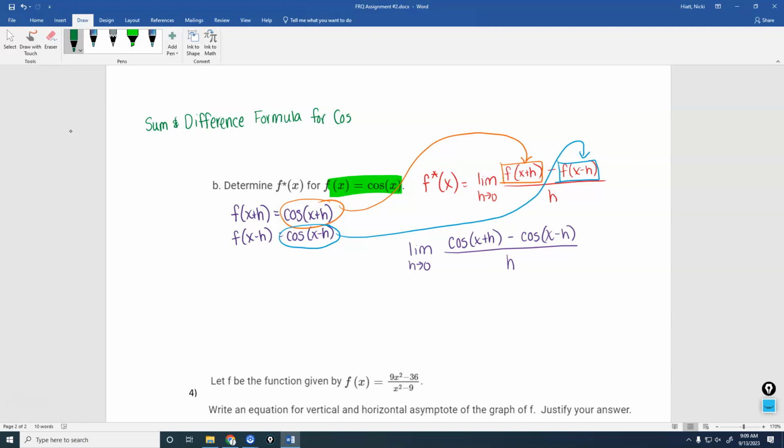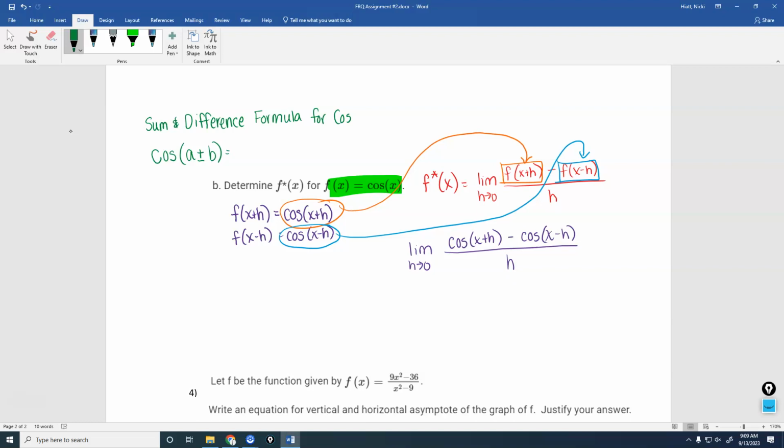I believe, we'll double check here in just a second, that the cosine of A plus or minus B is, I am pretty sure this one is the cosine conga, if I remember correctly, where it's cosine, cosine, sine, sine.